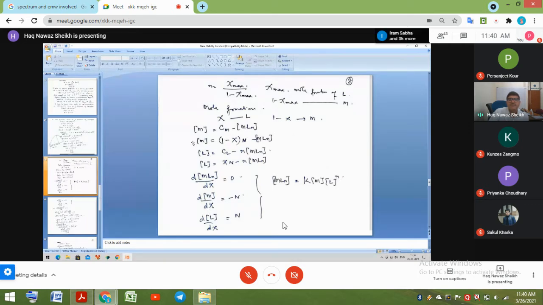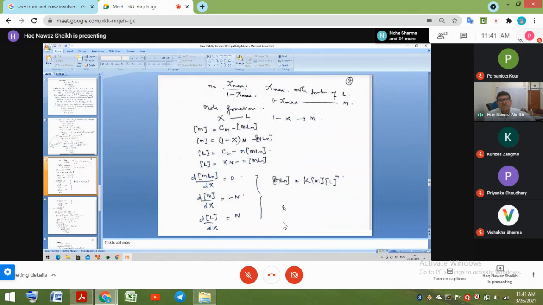So you differentiate this with respect to χ. When you open it, it is N minus χN. The differentiation of N is 0, and the differentiation of χN is N, and the differentiation of the whole remaining thing is 0. Similarly, you take the differentiation of L: dL by dχ is N, because the differentiation of χ with respect to χ is 1, and the other term becomes 0.